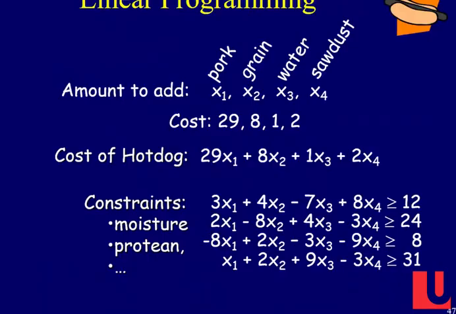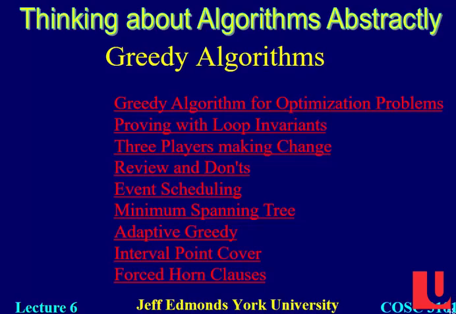Given any linear program, you can take the dual of it, and as Kathy tells you, the duals will tell you somehow how important each of these constraints is. So if you go into business and you're a company, you need to know linear programming.